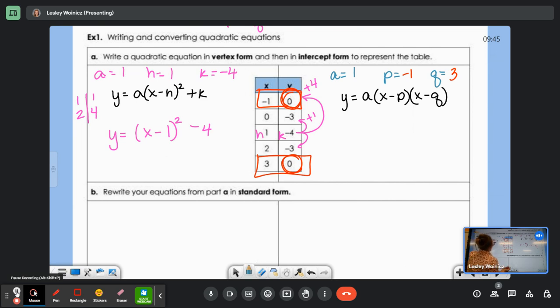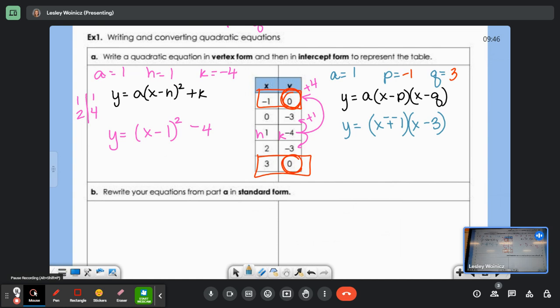Our A is 1, so I don't have to write it. x minus P, and P is -1, so x minus -1 makes a +1. Good. x minus Q, and Q is 3. So P and Q lie like H. Does everybody see that? Okay.